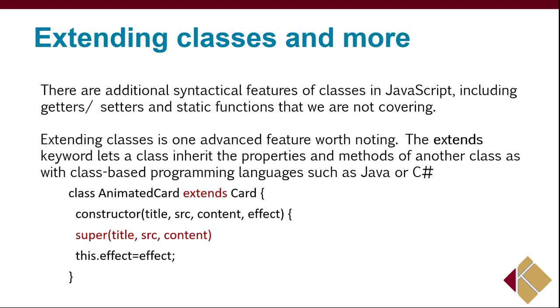So with a class that extends, you've got a couple more things. With just a class, you've got your class name, and then your constructor, which are your arguments that you're passing through. With an extended class, you've got your class name, what it extends, with the extends keyword in there, and then you've got your constructor and your super.